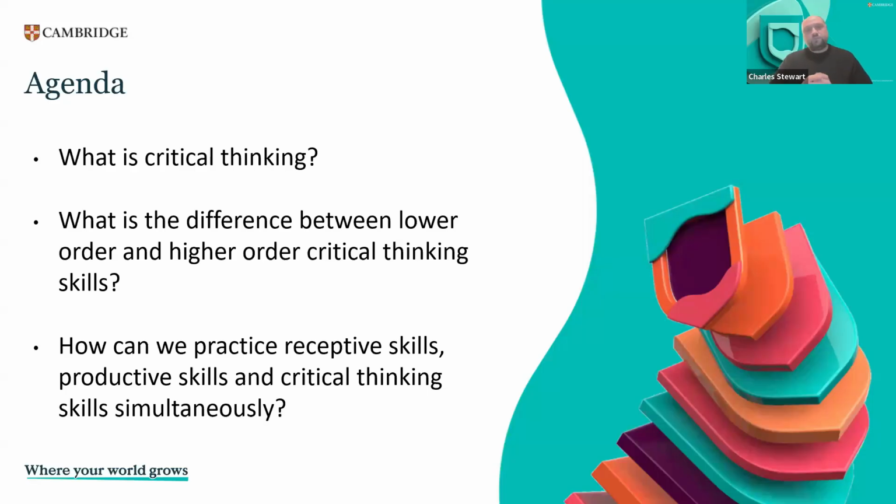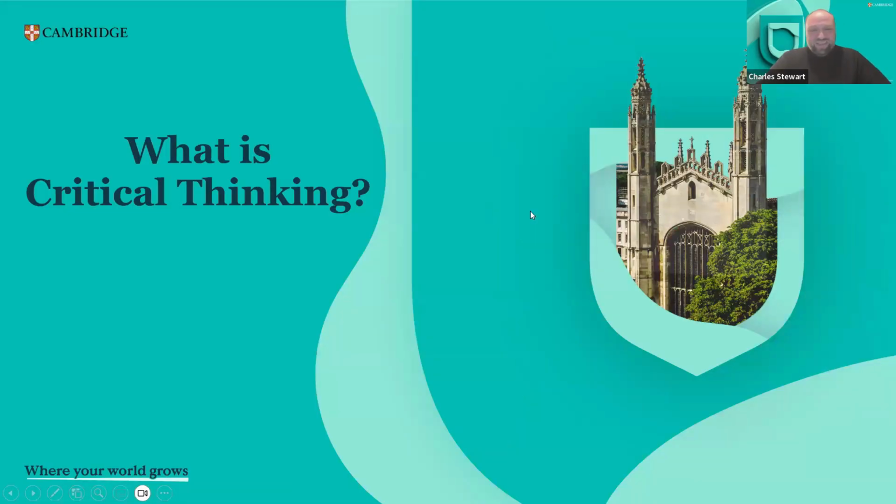And then, based on our knowledge of what critical thinking is and the branches that make up critical thinking, we will then look at examples from the course book and discover a little bit of how we can train critical thinking skills in the classroom as we are also training both receptive and productive skills. So as you see, we've got quite a lot to cover in this hour.